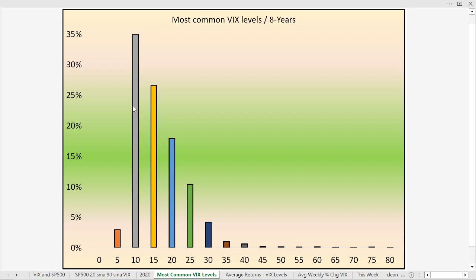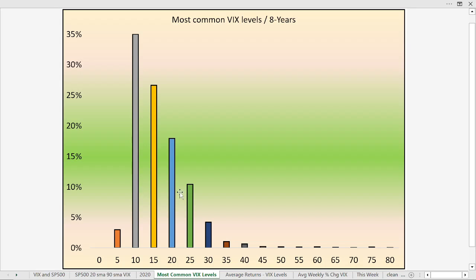Between 10 and 15 on the VIX represents 35% of all the closing days for the VIX. Between 15 and 20 represents another 27%. Between 20 and 25 represents another 18%. So if we take 35, 27, and 18, we're talking over 50%, actually even more than that, of all the VIX closes were contained between 10 and 25.